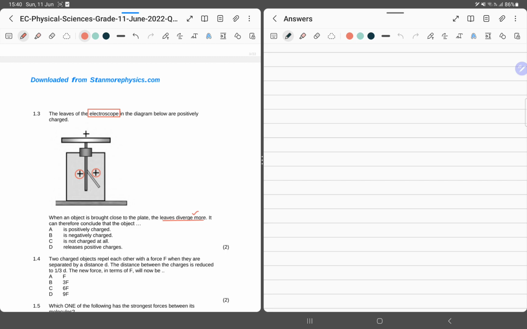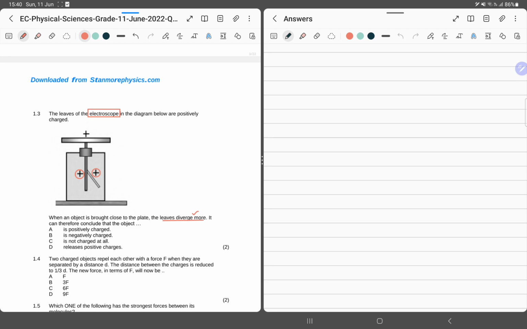Great. And of course, we know the electrostatic force is directly proportional to the charge. The force experienced is going to be a bit greater if the magnitude of the charge increases. As a result, there will be a more diverging leaf than it was initially.